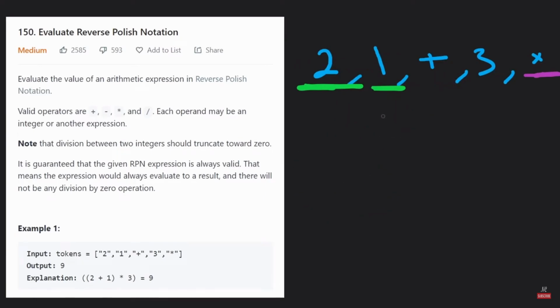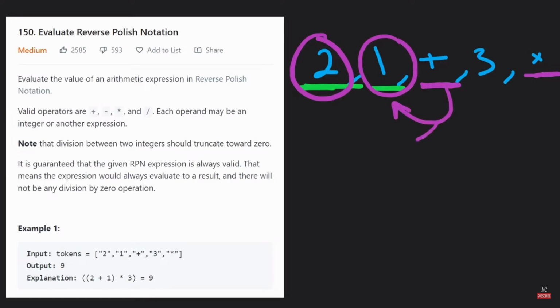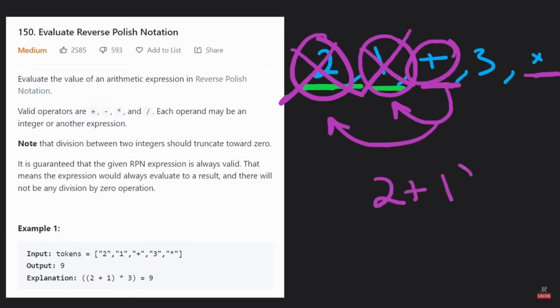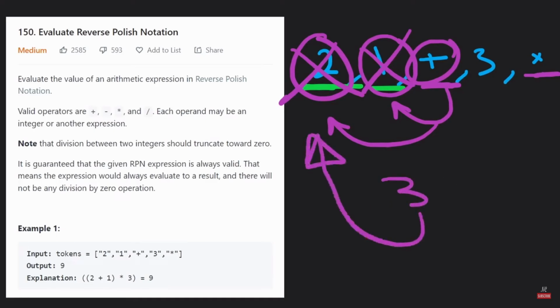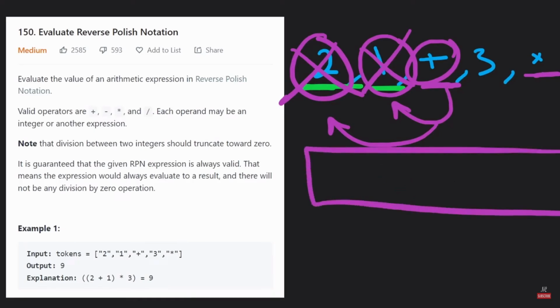So, as we read through the input, each value here is going to be added to the stack. Anytime we reach an operator, the previous two values are going to be removed from the stack, and then we're going to do the operation on them. So in this case, 2 plus 1, and then we're going to take the result of that, which is 3, and then push it back onto the stack. And that's kind of what I was getting at when I was doing the drawing explanation.